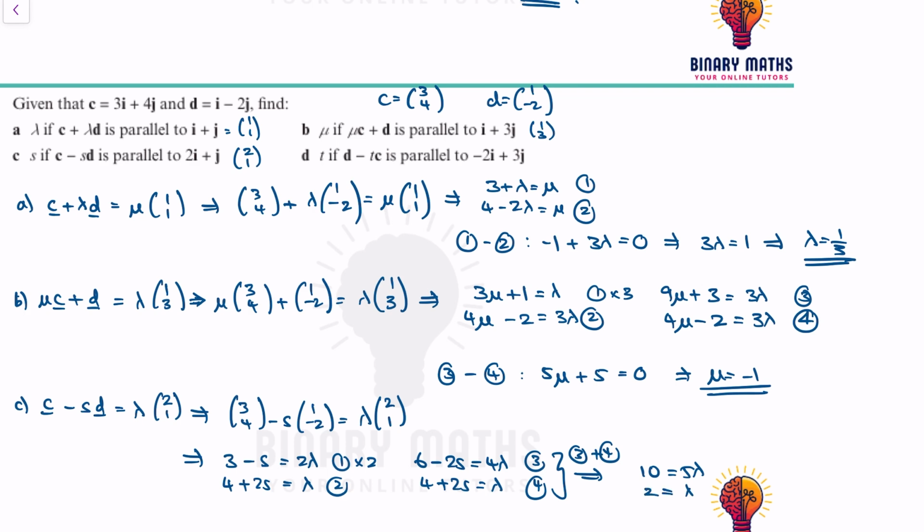But we didn't want to find lambda, we want to find what S is. So using the first equation, 3 minus S is equal to 2 lambda, which means 3 minus S is equal to 4, which means S is equal to minus 1.